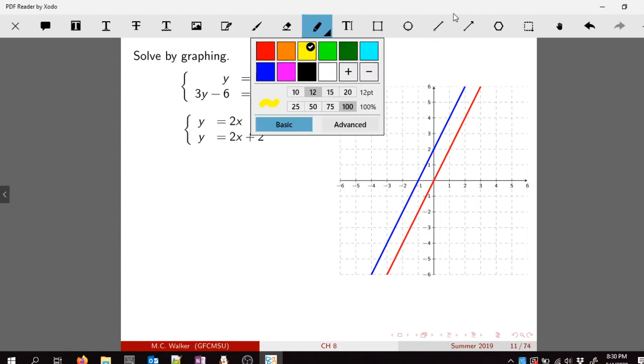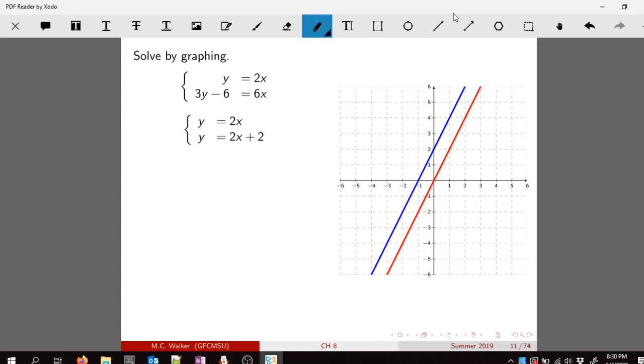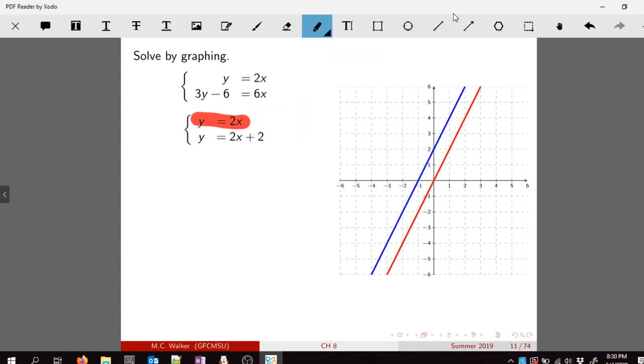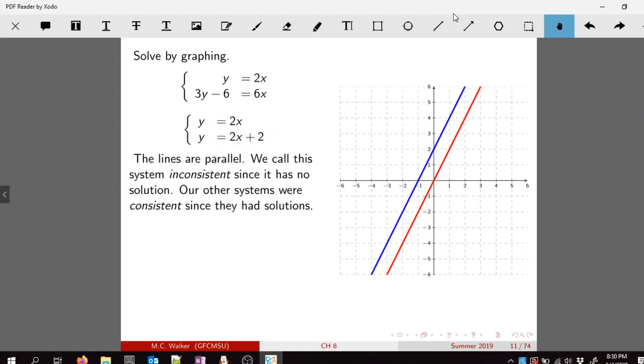Right here we have y is equal to 2x, the red line. Then our blue line is y is equal to 2x plus 2. Got that intercept of plus 2 up there. So these two lines are parallel, and they're not going to have a solution.